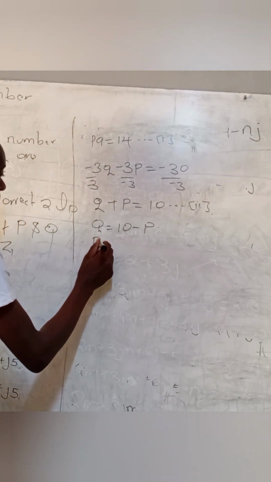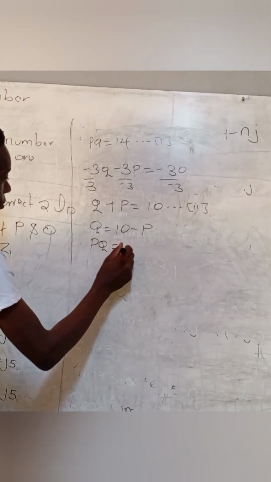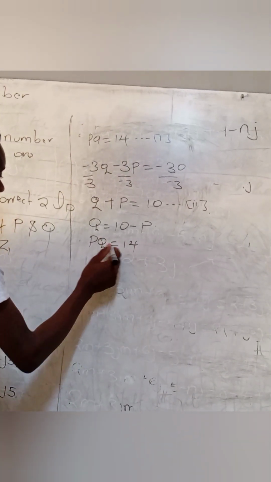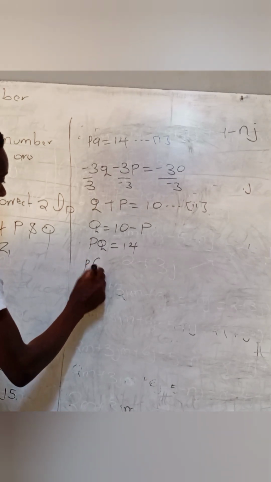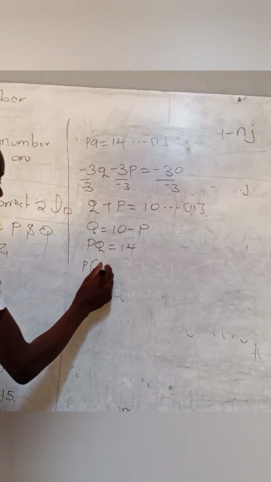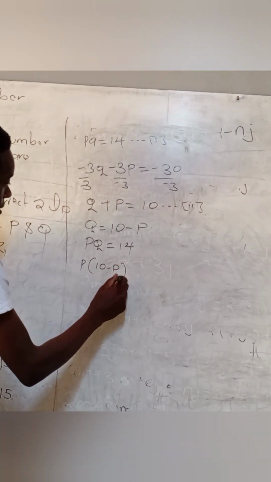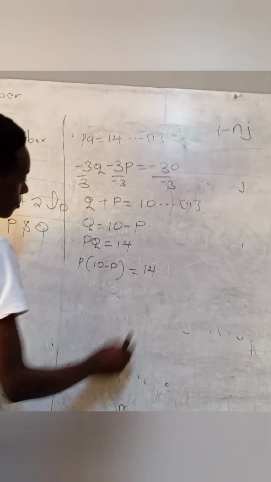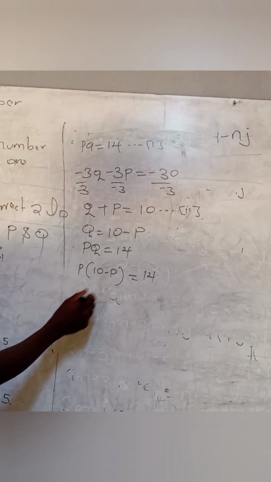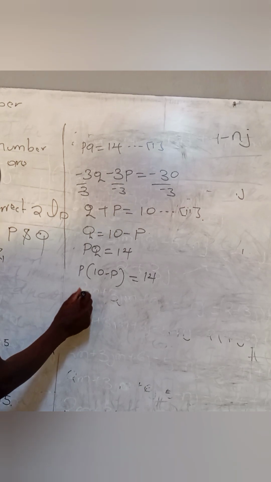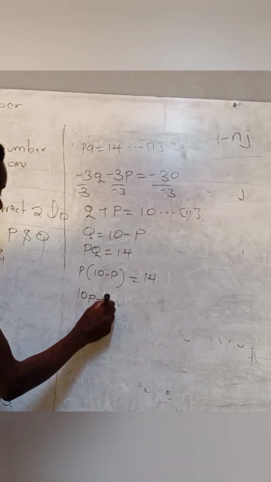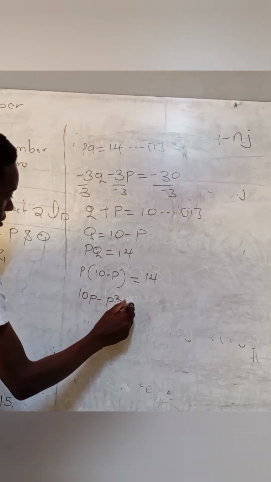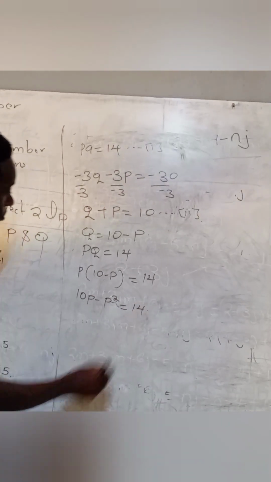So in equation 1, where I have q, I will substitute 10 minus p. So pq is equal to 14, so p into 10 minus p is equal to 14. I open the bracket, I will have 10p minus p squared is equal to 14.